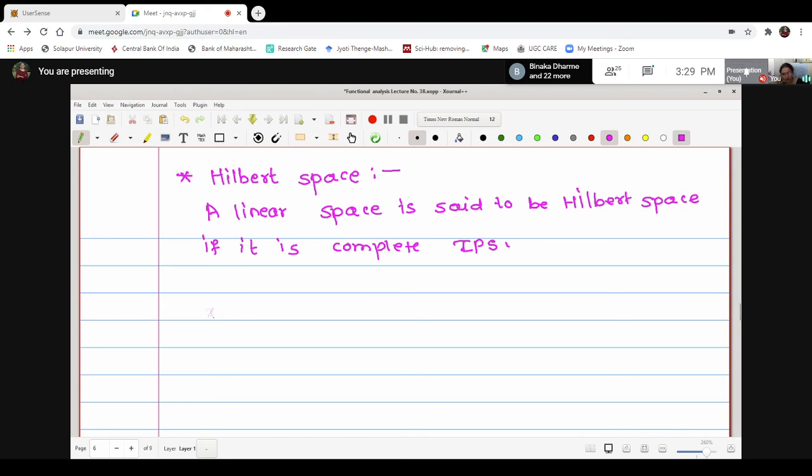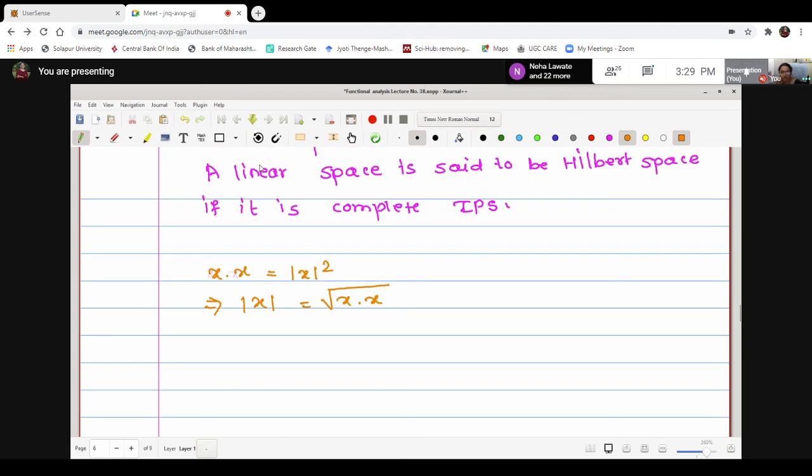If I take x dot x, may I write this as mod x square? Because modulus itself is one kind of norm, may I write mod x as square root of x dot x?